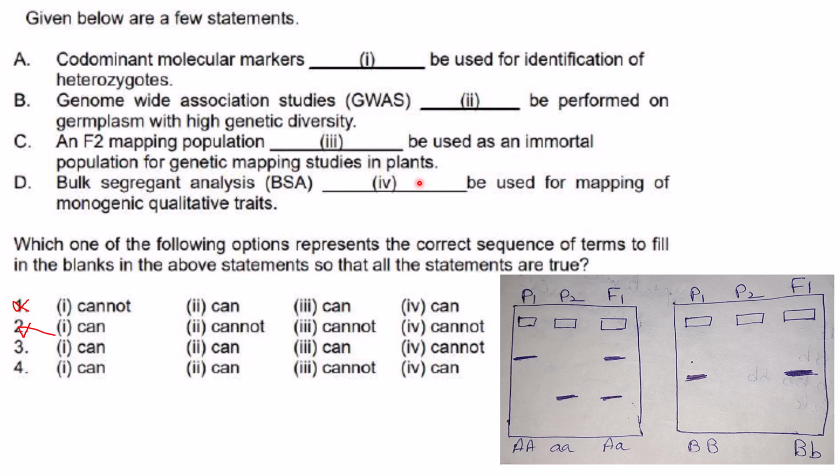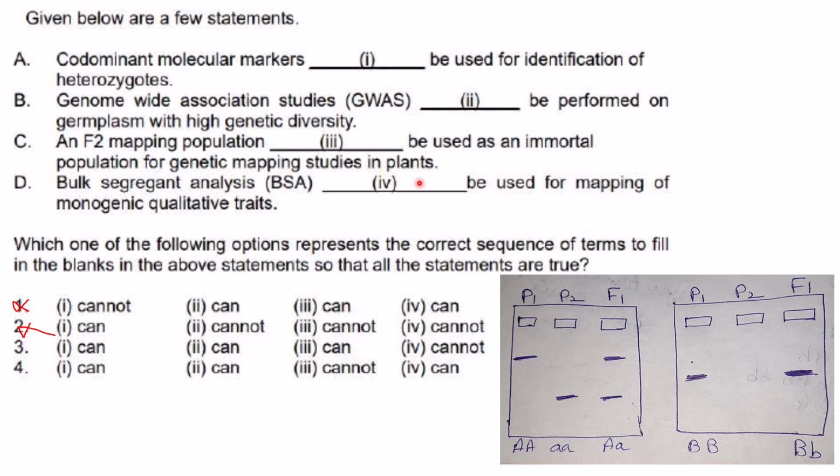mortal population. What do you mean by immortal population actually? Immortal populations can be indefinitely propagated by vegetative means, not sexual reproduction. It is by vegetative propagation that you propagate the plants, and you do the repeated selfing process.